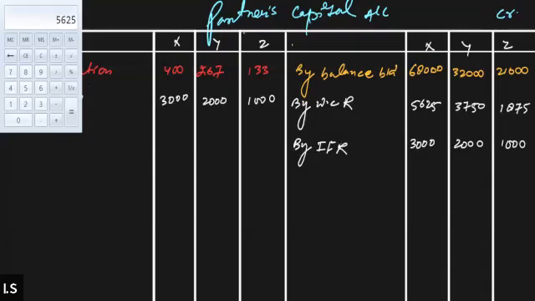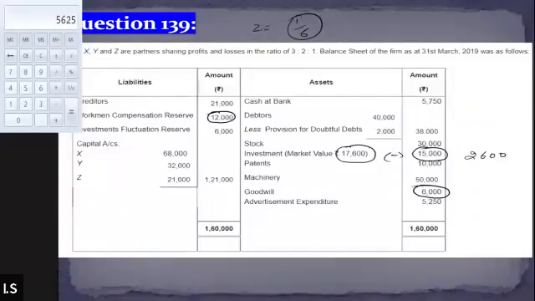Any other thing is left or not? Let me check. Advertisement expense. Yeah, advertisement expense is a kind of loss. So this has to be borne by all the partners in their profit sharing ratio.